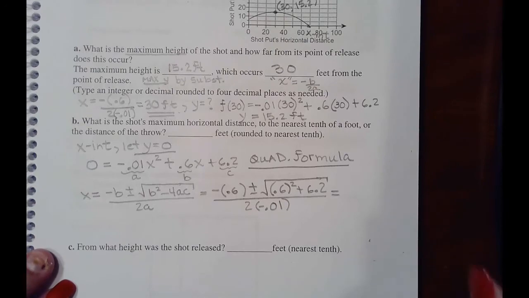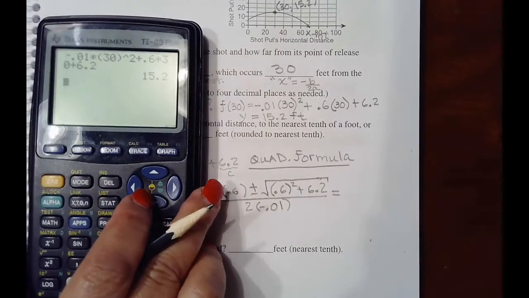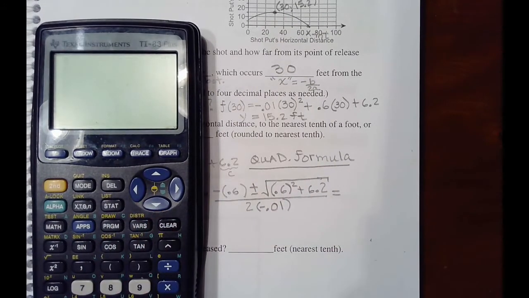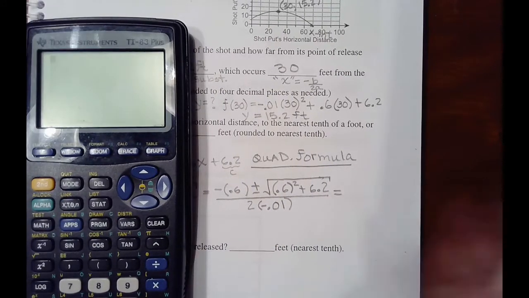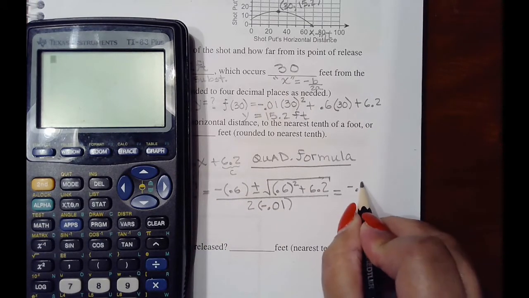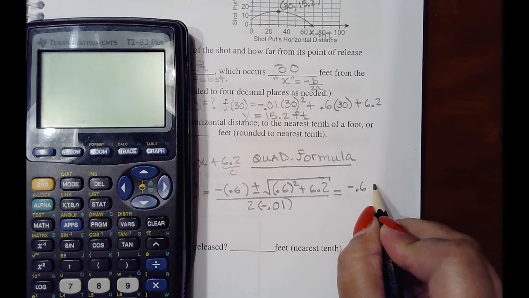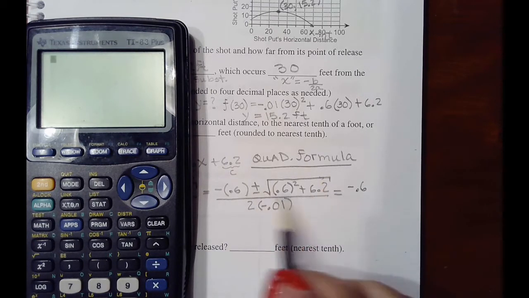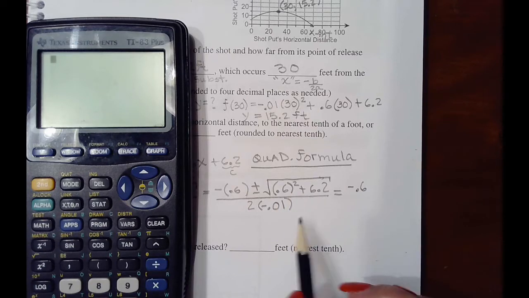Okay, so here we go. I'm going to do this in pieces so I can be as accurate as possible. So we have just negative 0.6, nothing to do there. But I do want to find out what the square root of what's underneath is. So first I'm going to do what's underneath it, 0.6 squared plus 6.2.